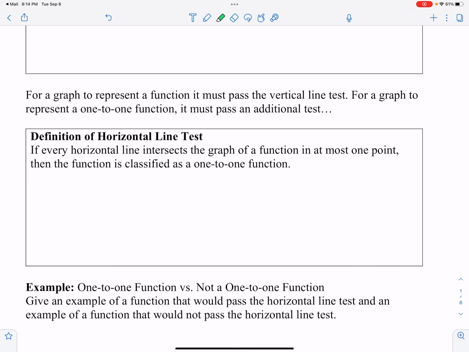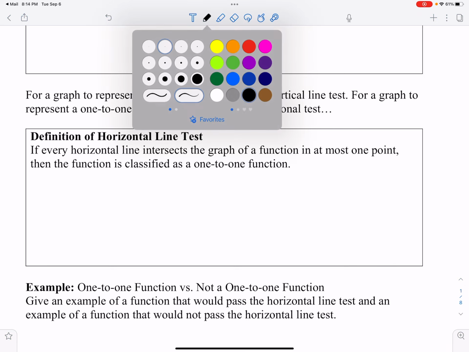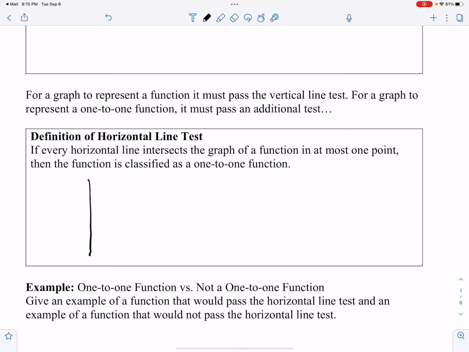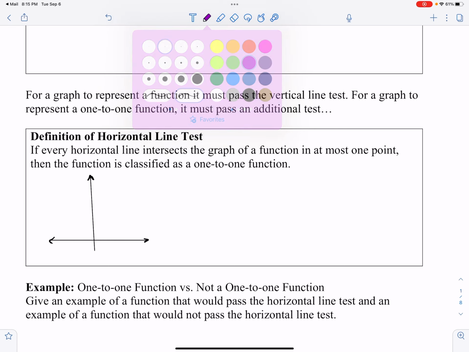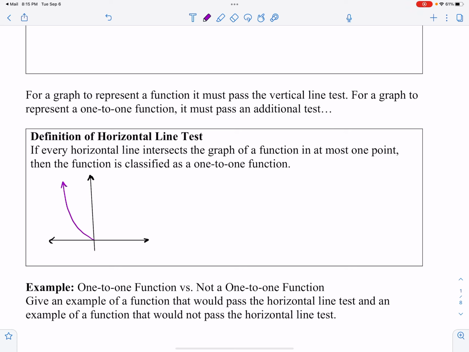To help me keep it straight, I always think about y equals x squared as my example of a function that is not a one-to-one function, at least not over its implicit domain. So if we think about the graph of x squared, so y equals x squared, right? There's infinitely many horizontal lines that we could draw that would end up intersecting the graph at more than one point.